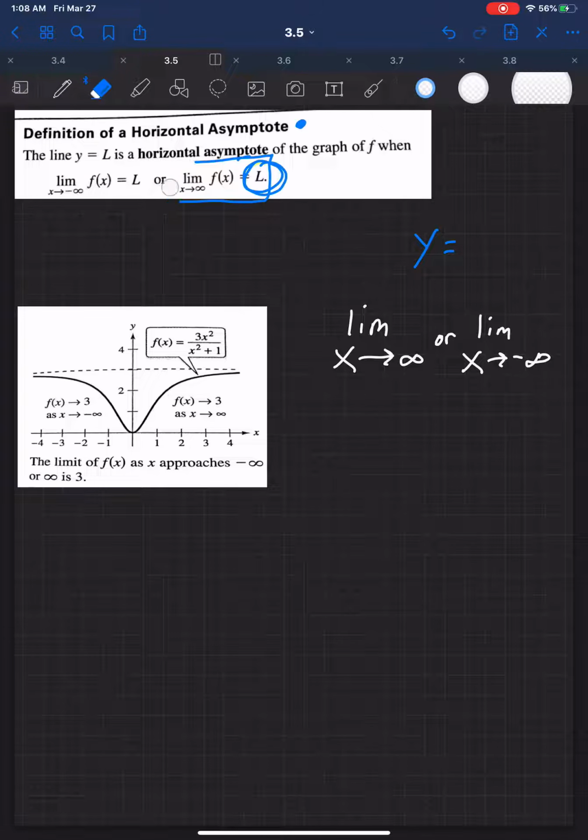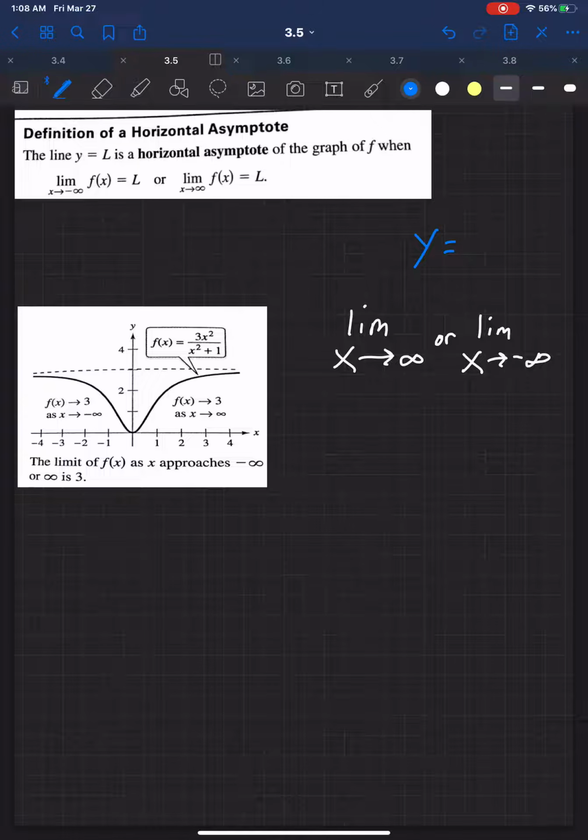So in this case, the line y equals L is simply a horizontal asymptote of the graph of f when the limit as x approaches infinity or negative infinity of f of x equals L. All right, let's see if we can use this picture to show you what I'm talking about.